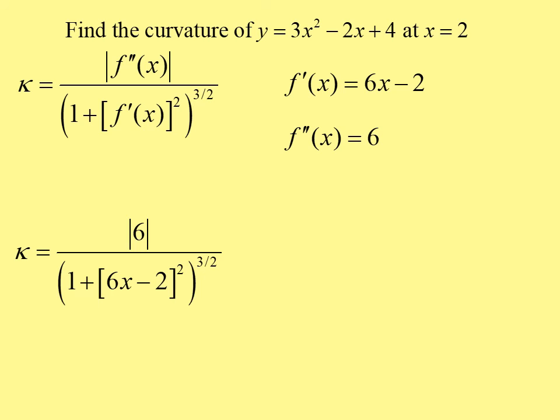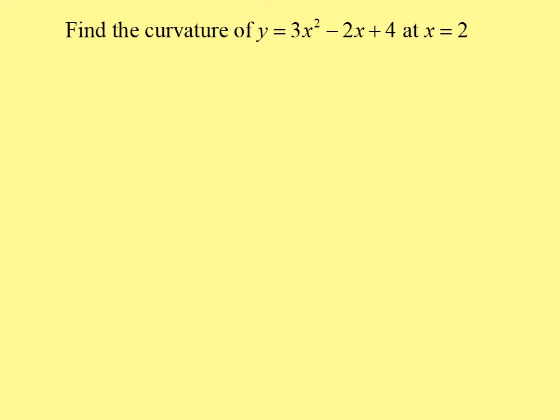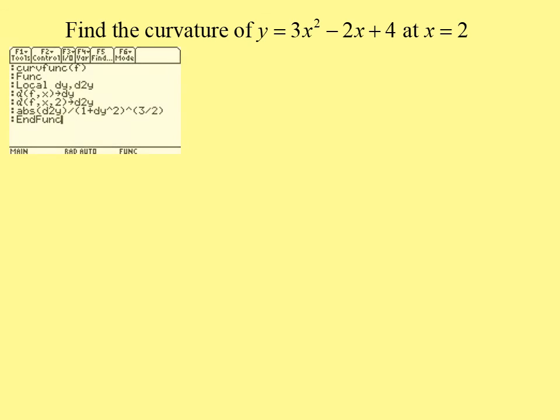Now, before we go to trying to do all of this, we can go ahead and plug in our value of x and then do the calculation. Of course, one of the good things about the formula is it lends itself well to putting into a TI-89.